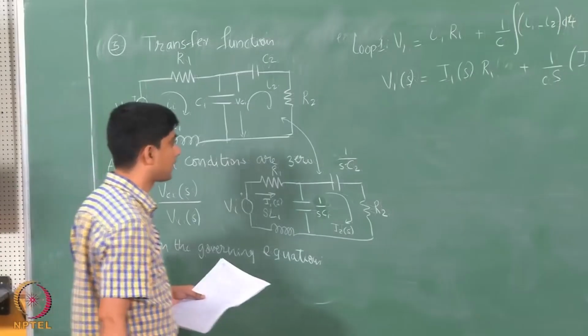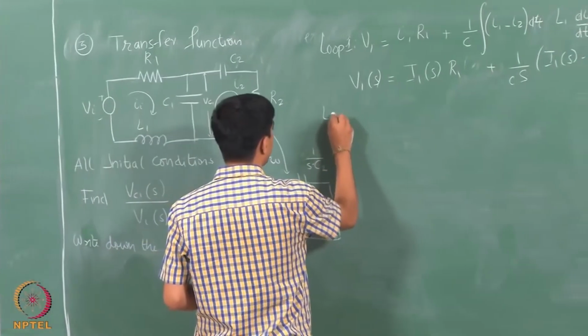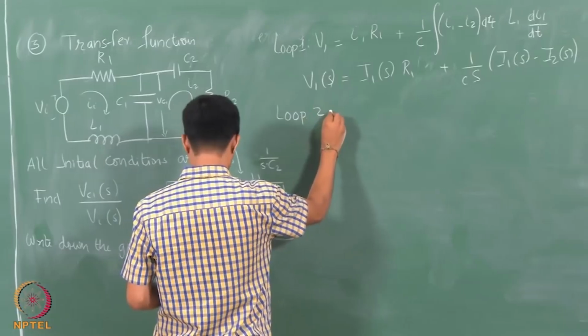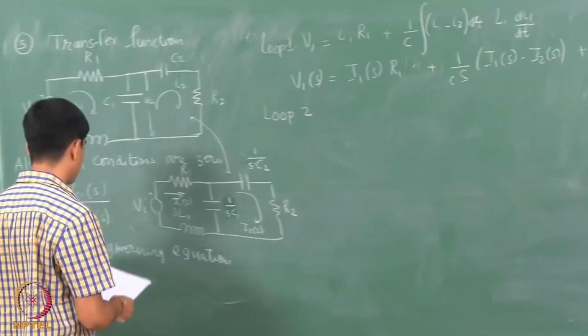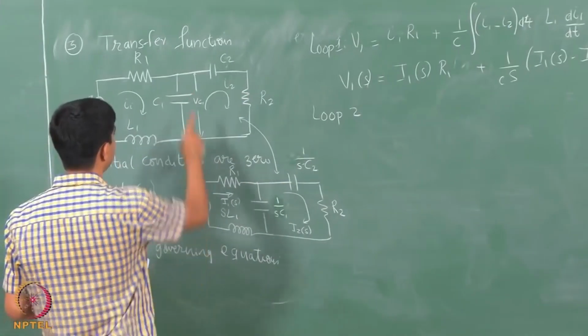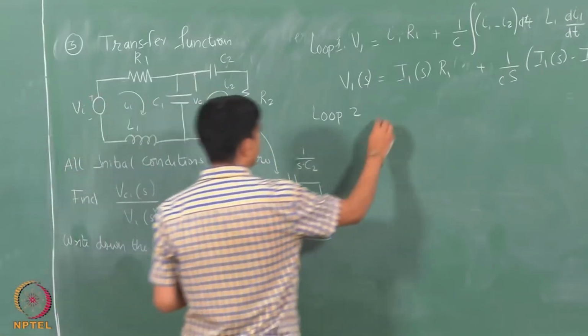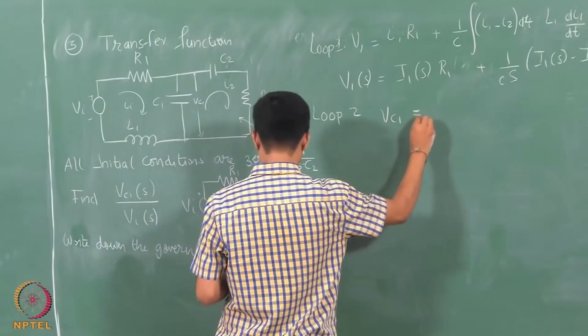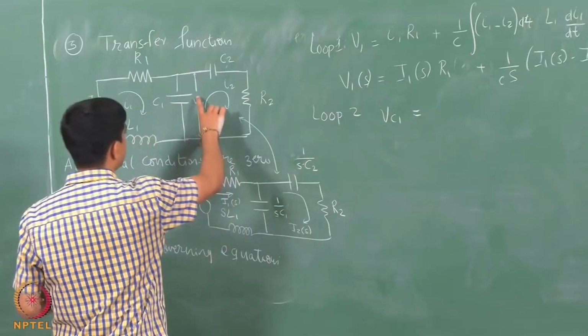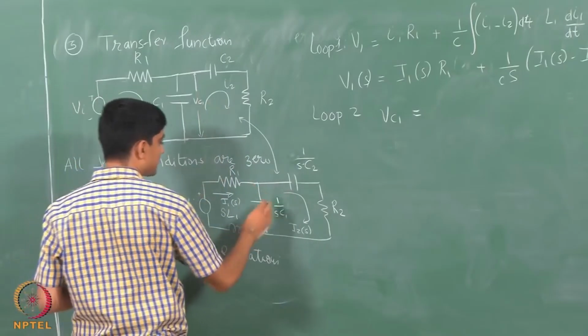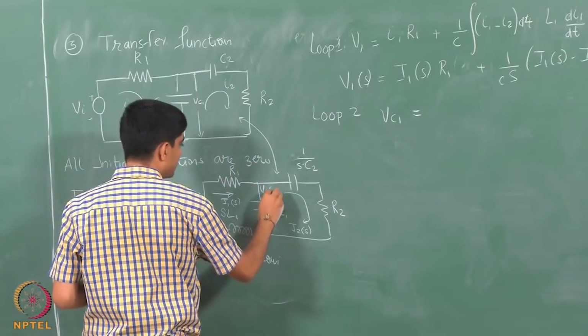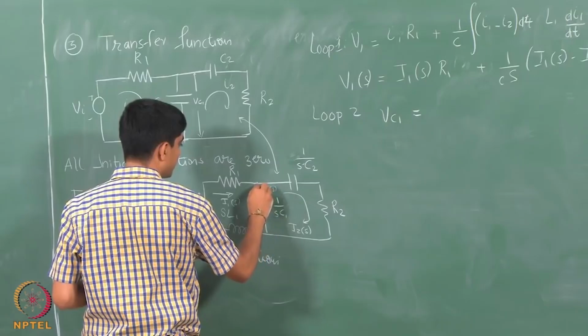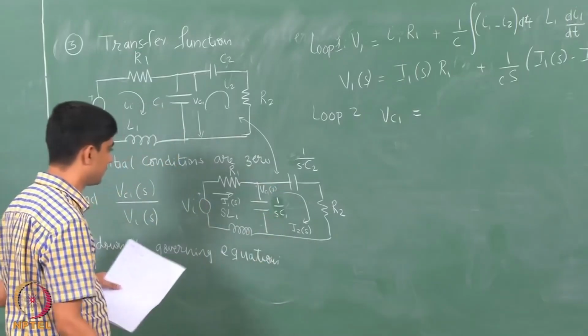Okay. And for loop 2, okay, so loop 2 I have Vc1 equal to, so I will just use this circuit now. So, this is my Vc1 here, Vc1 of S, maybe with a convention like this. Okay.